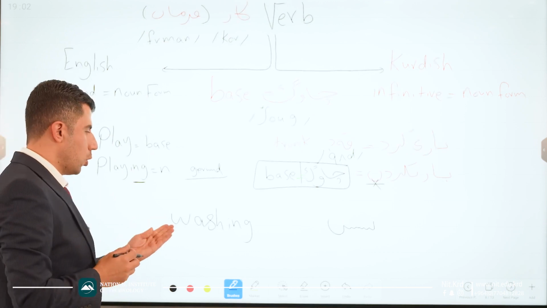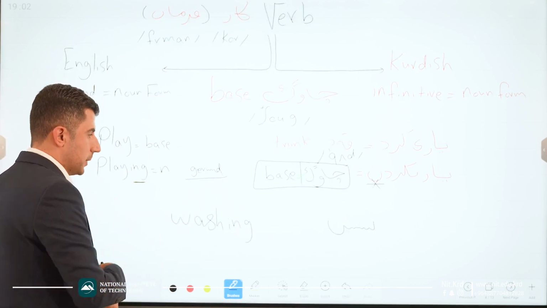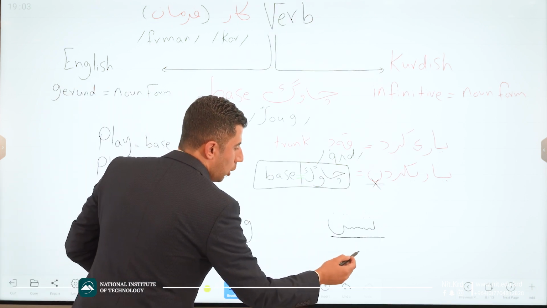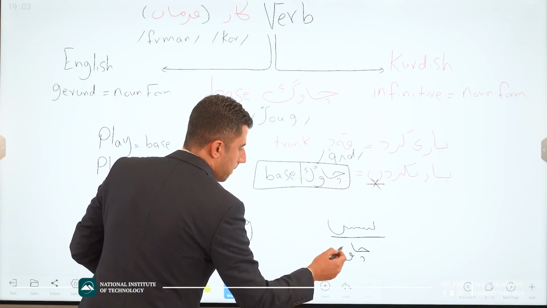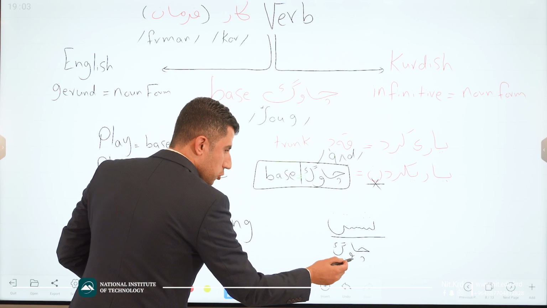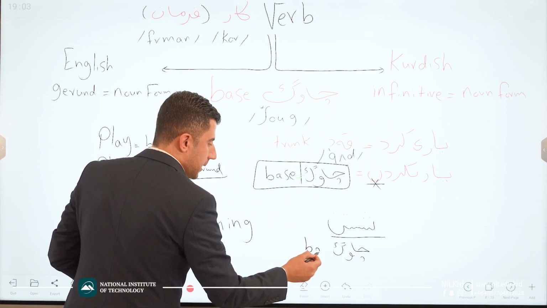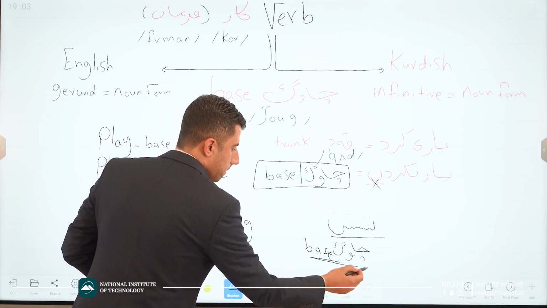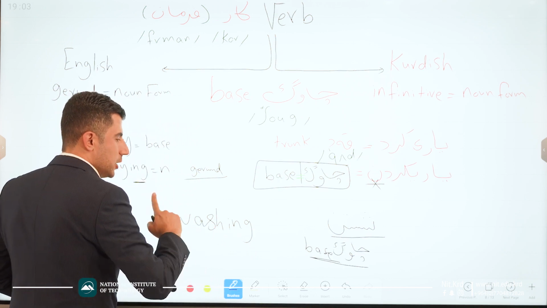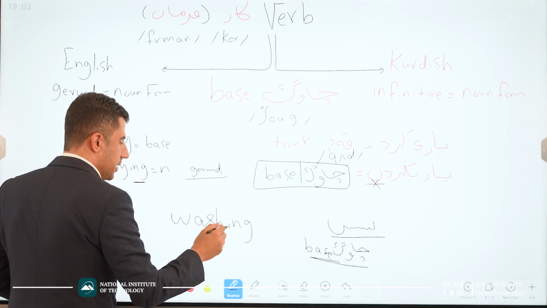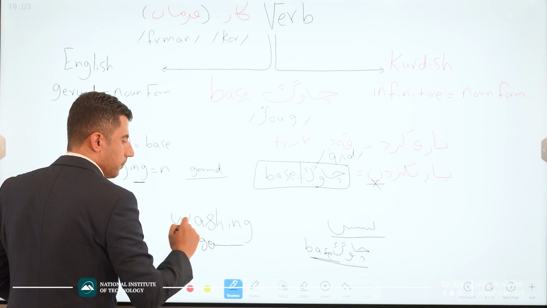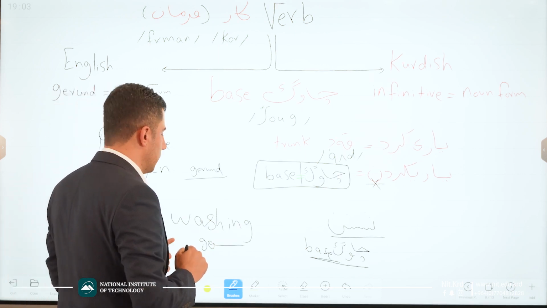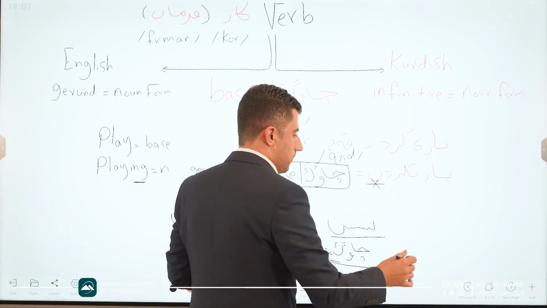Good? Washing. Shiten. Here we call this chawag. If we translate this word to Kurdish, it becomes base, while this is not base in English. This is the gerund form. Be careful, please, of this difference.